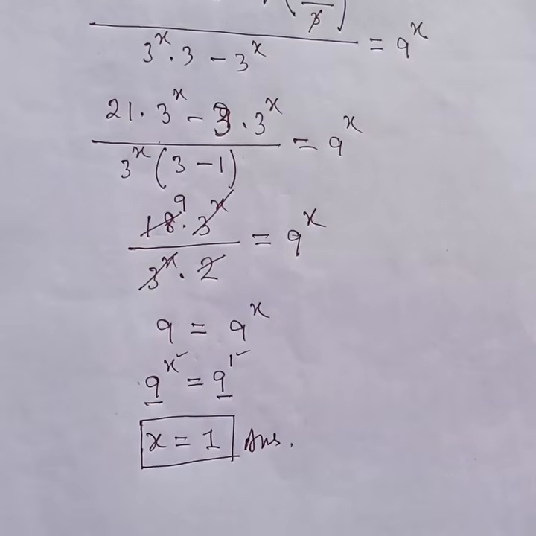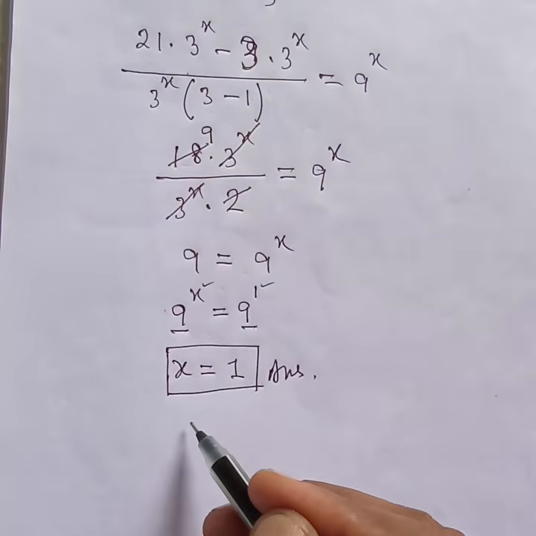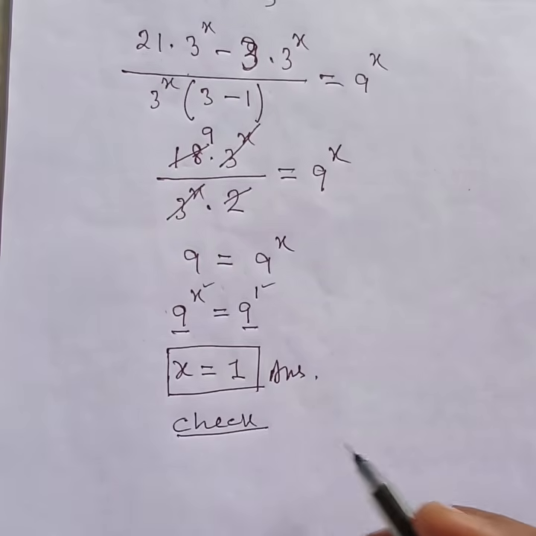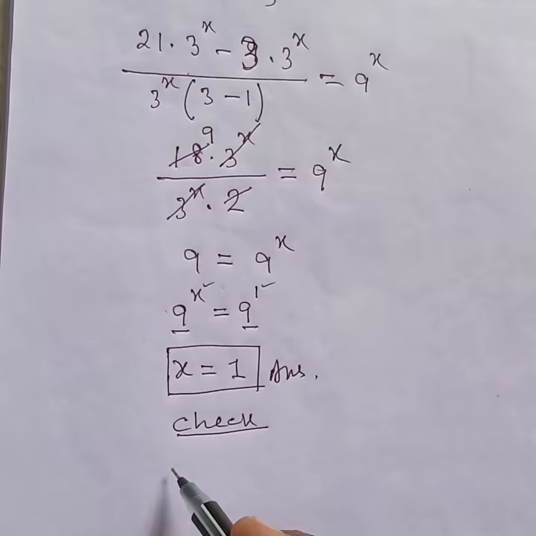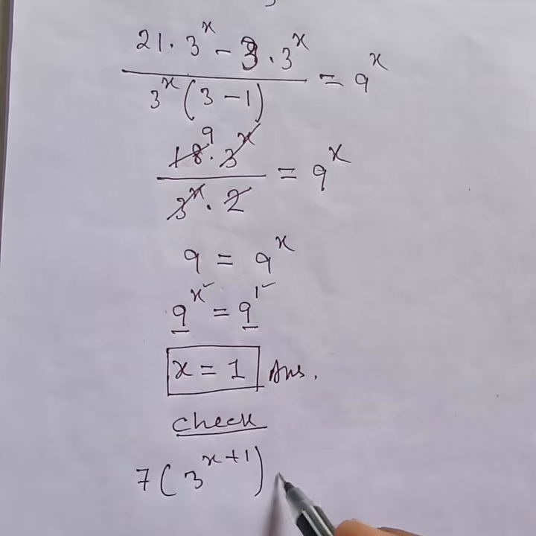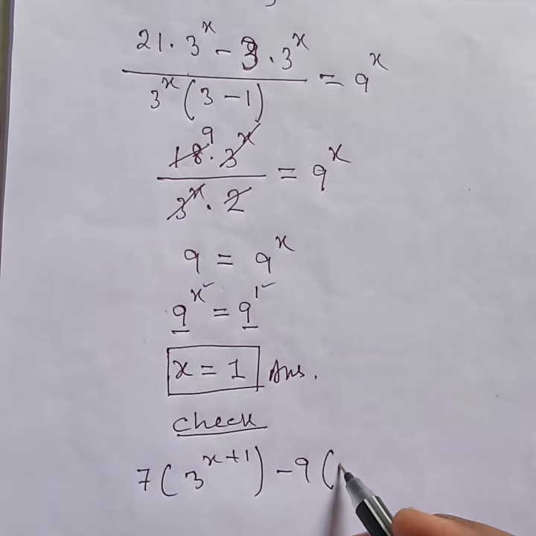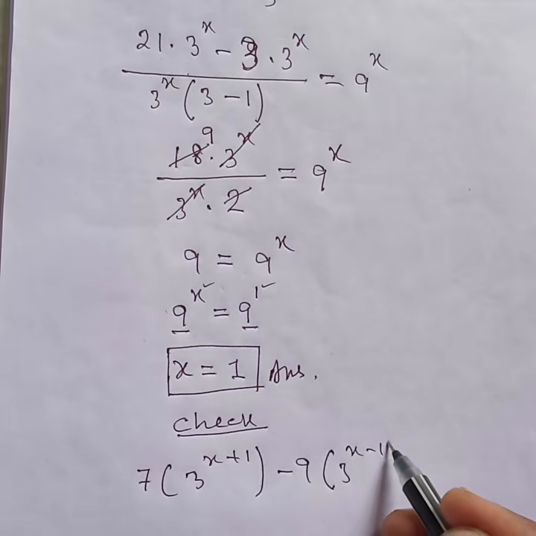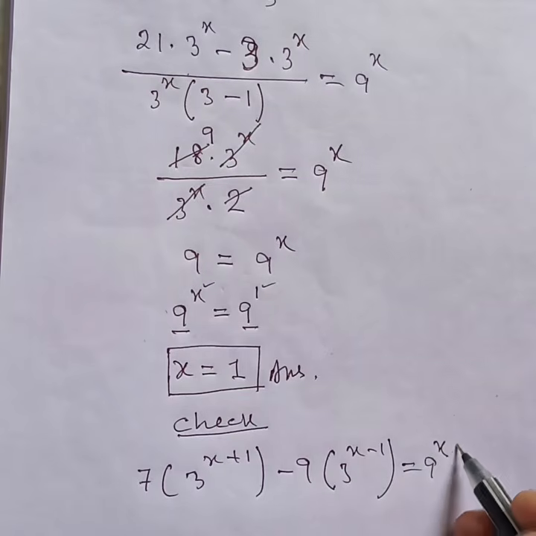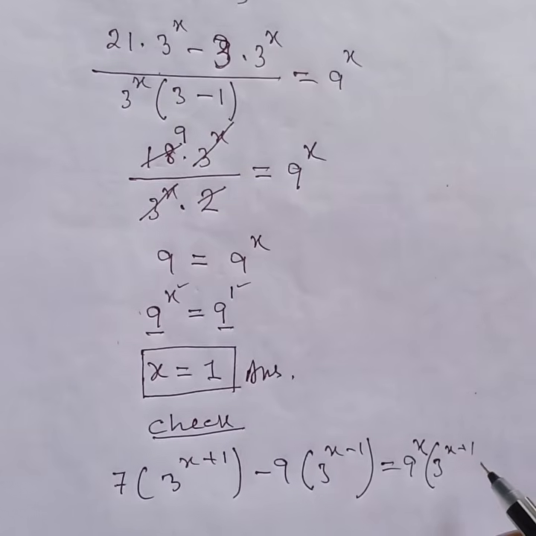Now check. Original equation: 7 times 3 to the power x plus 1 minus 9 times 3 to the power x minus 1 is equal to 9 to the power x times 3 to the power x plus 1 minus 3 to the power x.